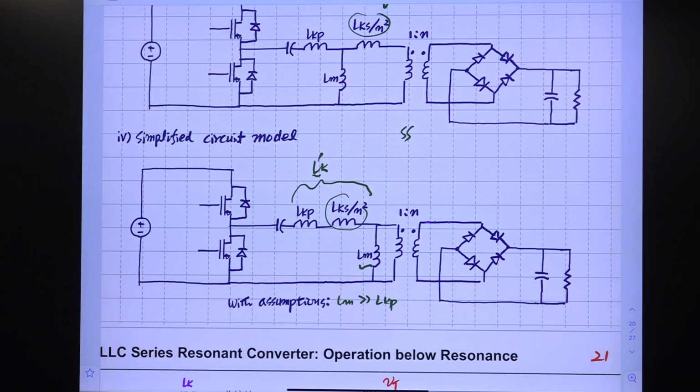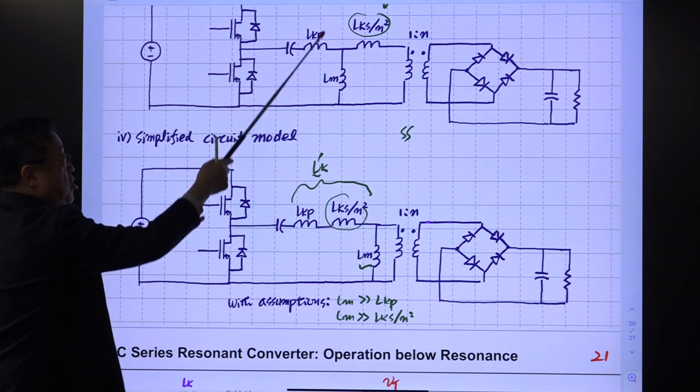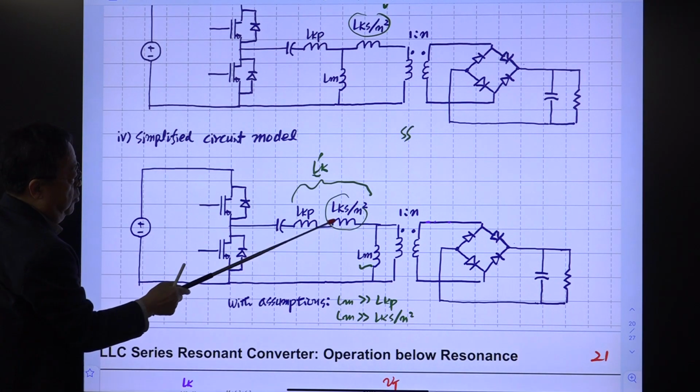And another assumption is that this magnetizing inductance is much larger than the transferred leakage inductance of the secondary side, LKS divided by n squared. If these conditions are met, then this comes forward, so it appears here.